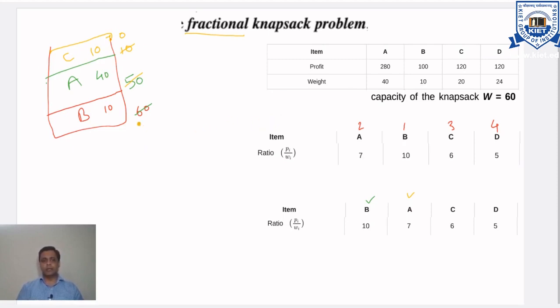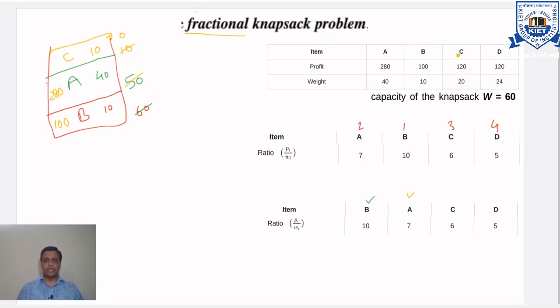Now what is the cost of this bag? Since we put item B as a whole, the price of item B is 100. Then we put item A as a whole, so the cost of this item is 280. And then we put item C as a half.